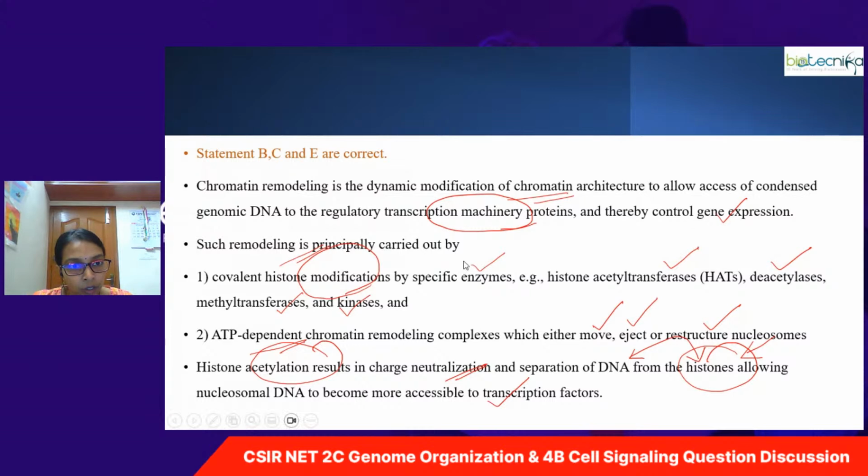Then I thought to start with unit 4 also, but it's already going to be 6 now. So I will give you the questions in the next class. In the next class, we will have a discussion on unit 4. So far what I felt is genome organization needs to be revised by all of you. Badly required.